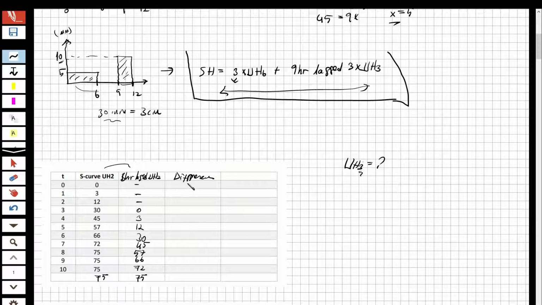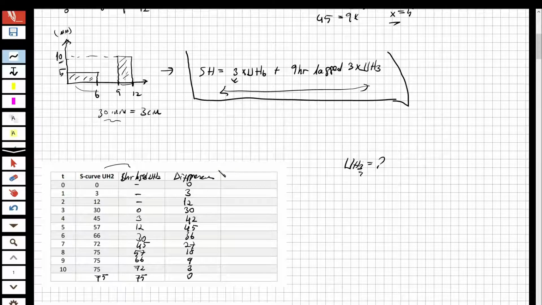So it's going to be 0, this is going to be 3, this is going to be 12, this is going to be 30, this is going to be 42, this is going to be 45, okay, and this is going to be 36 and 27 and 18 and 9 and 3 and 0.